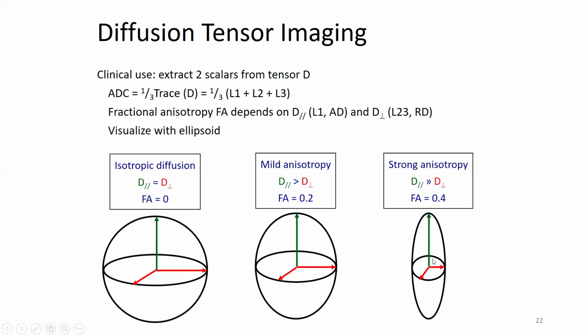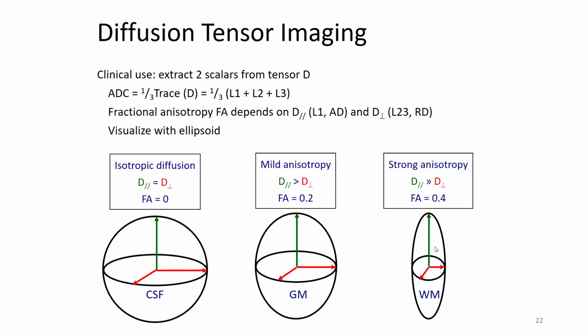So here my parallel diffusivity or axial diffusivity is very high compared to the perpendicular diffusivity, and here my FA is higher. In fact, my FA can be maximal 1. That's really the highest value, and the lowest value is 0. So it can be between 0 and 1, and it says something about this form.